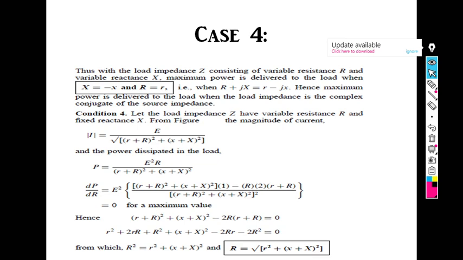Okay, so this is the fourth case you have to consider when you solve the problem.